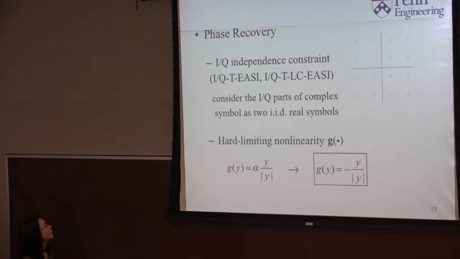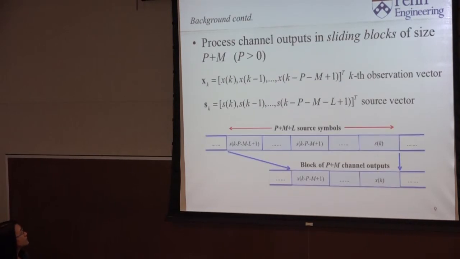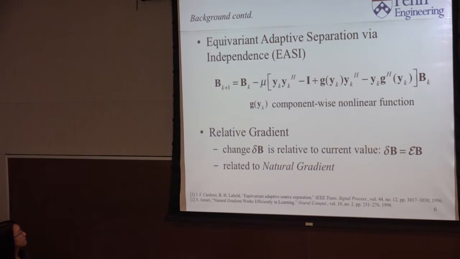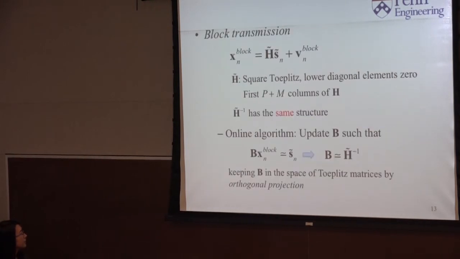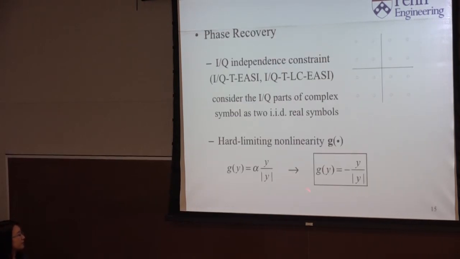And another way for phase recovery is to use a hard limiting nonlinearity. We have seen that in the EASI algorithm, there's a G function nonlinearity. So if we choose a good nonlinearity, for example the hard limiting function here, the recovered source could also have the phase recovered.